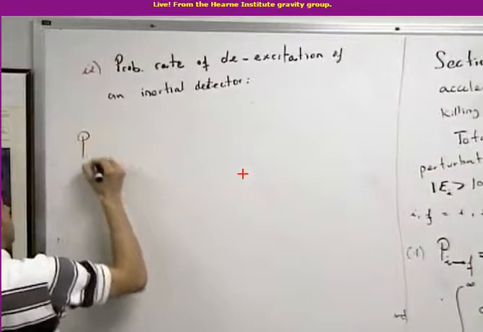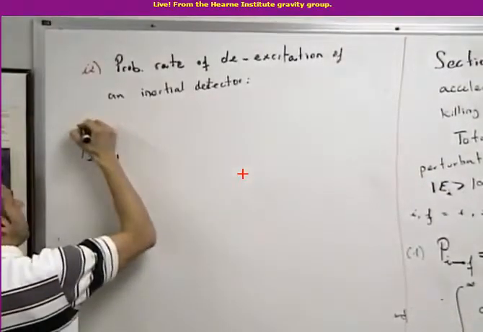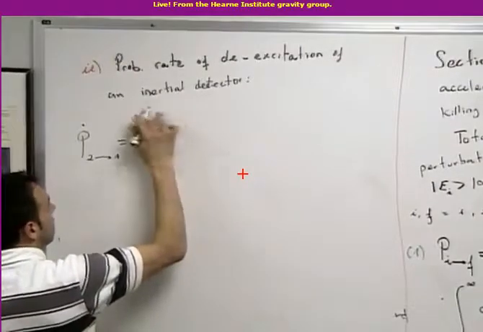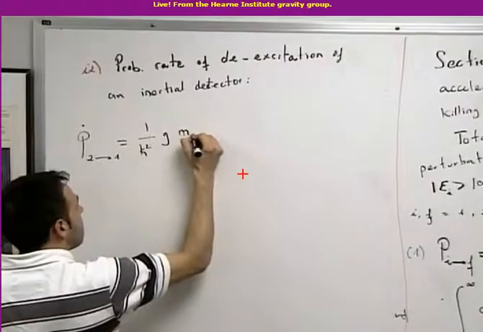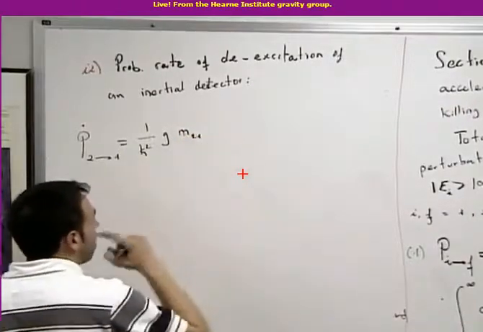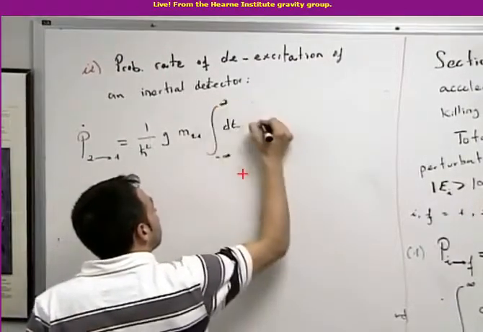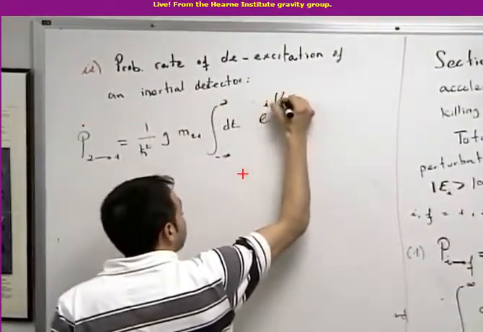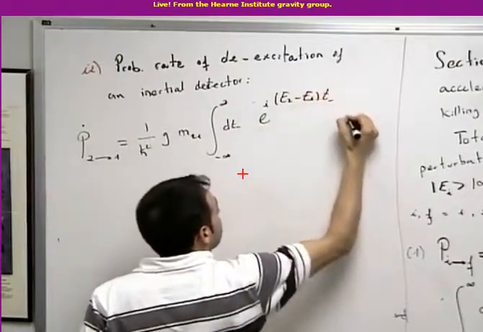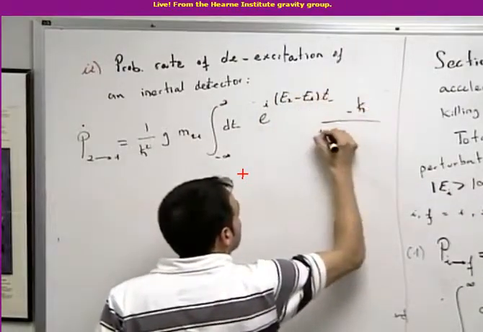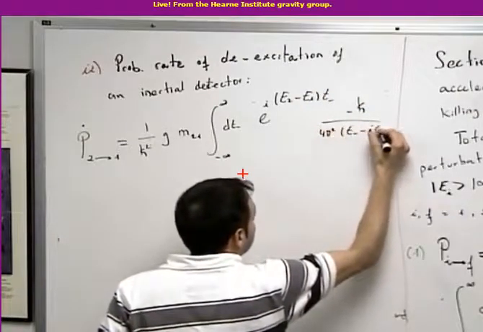So doing exactly the same, let me just write directly the probability rate, going to be 1 over h bar squared g, m2 1, but they are symmetric, so it doesn't matter, integral dt minus from minus infinity to infinity, e to the i. The only difference is that now we have E2 minus E1, t minus, and the same two-point function, 1 over t minus i epsilon squared.